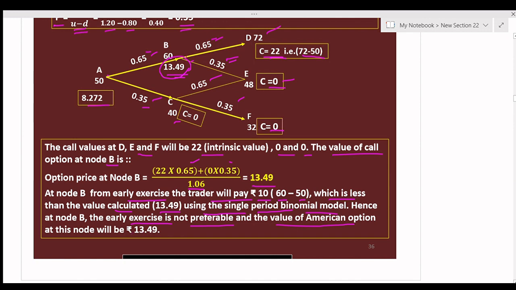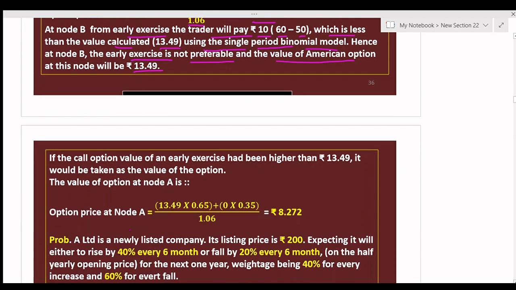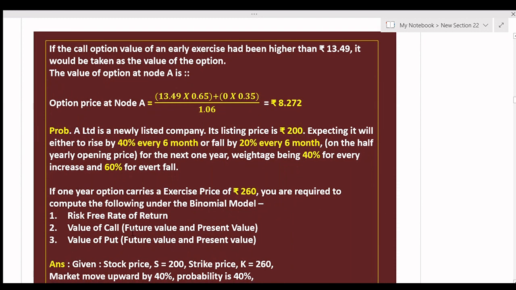So the value of the American option at this node will be rupees 13.49. If the early exercise value had been higher than 13.49, say 15 instead of 10, then that will be taken as the value of the option.